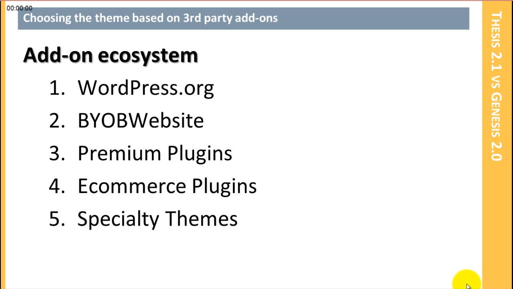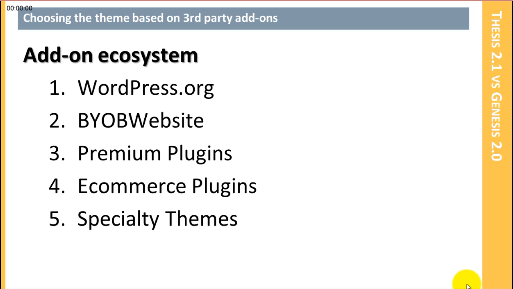It has all kinds of built-in functionality that make it specialized and useful for real estate agents. Thesis doesn't have anything like that. So if you're a real estate agent and you want some very easy baked-in functionality, you still can't do better than Agents Press.